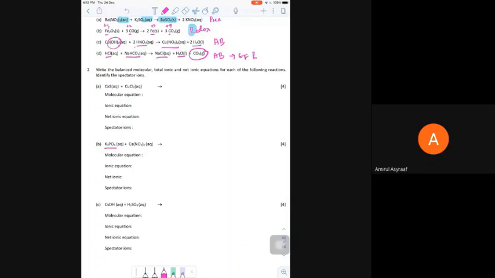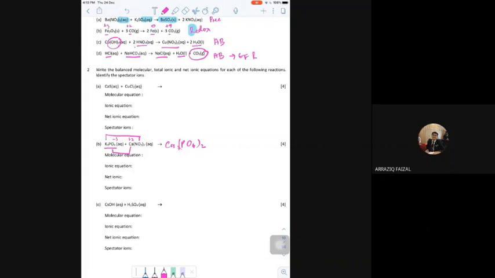It will form, potassium will combine with nitrate. Phosphate will combine with calcium. So it will form Ca3 PO4 2, right? Right. Because calcium is +2, PO4 is -3.